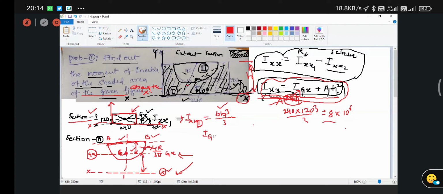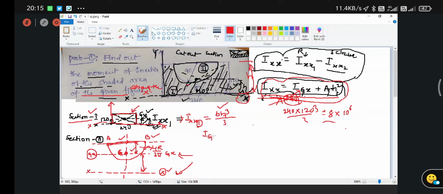Now my base axis for this semicircle is this. AB is my base. So this is AB. Whatever is between here and here is 4r by 3 pi. That is the perpendicular distance, or rather the distance between these two parallel axes.